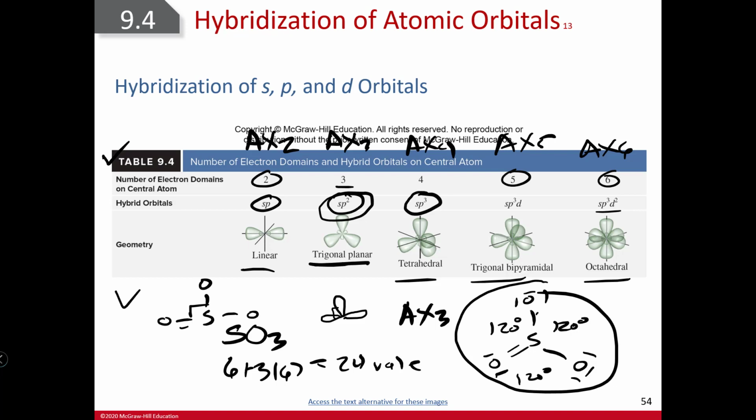So once you get the classification to make these angles work, you're going to have to tell me that it's sp2 hybridized. Otherwise, it doesn't work. You will not get the 120 degree angles there.